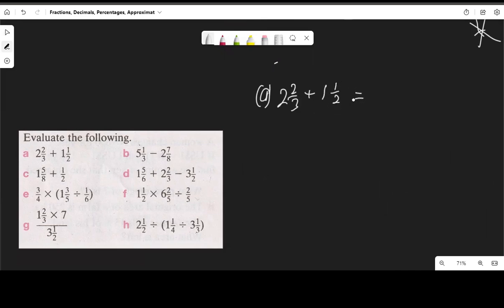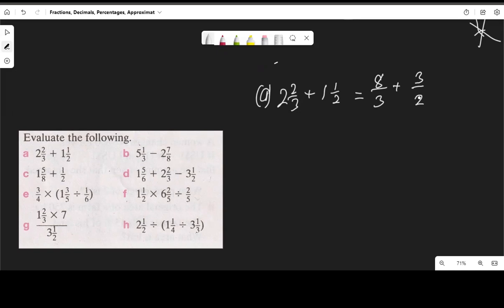Let's first of all convert these mixed numbers to improper fractions. 2 times 3 is 6, and 6 plus 2 is 8. So 8 over 3 plus 1 times 2 is 2 plus 1 is 3, 3 over 2.